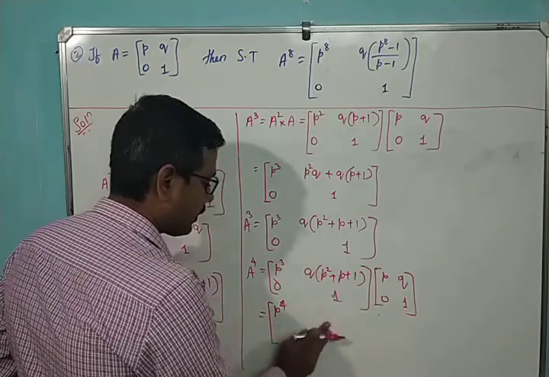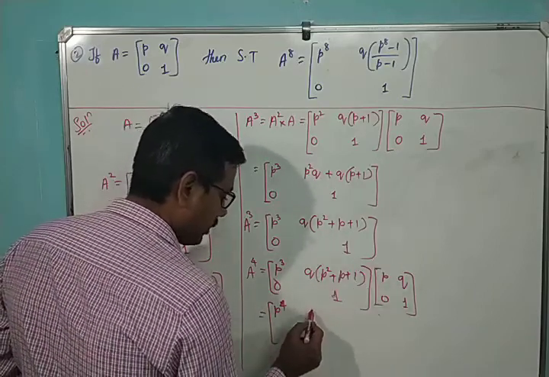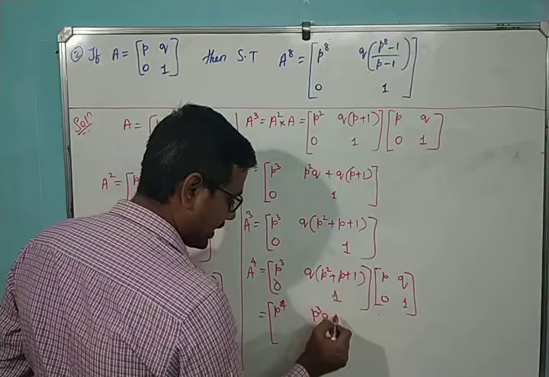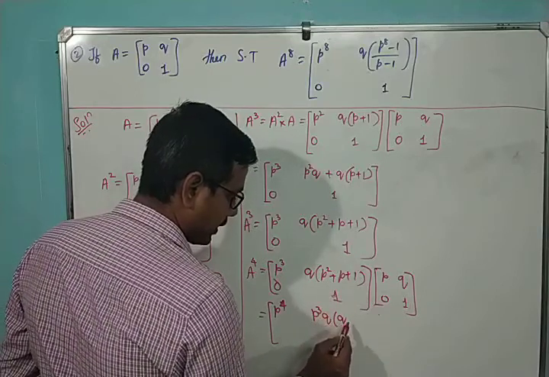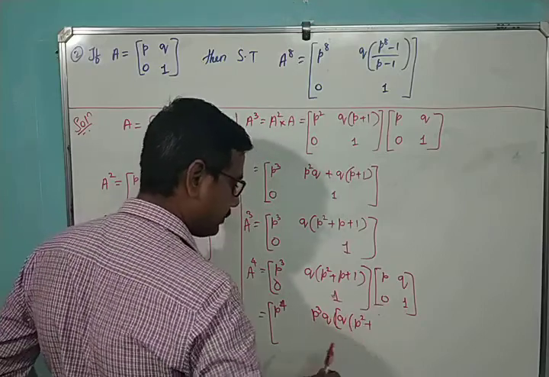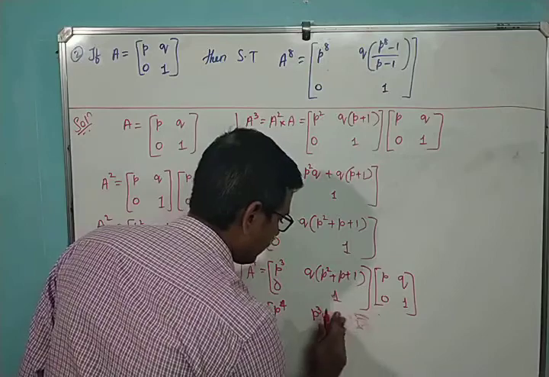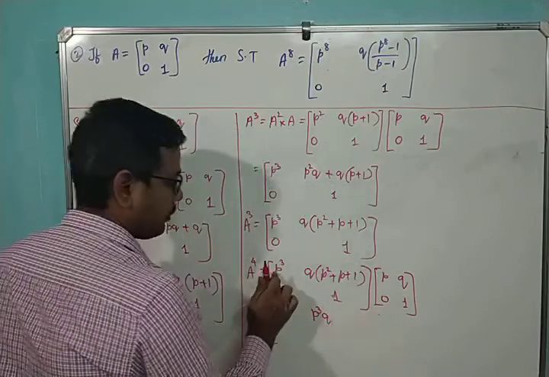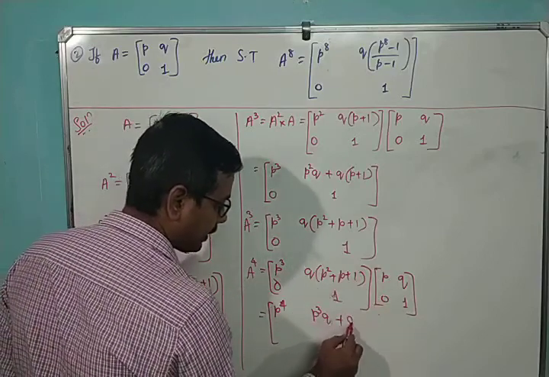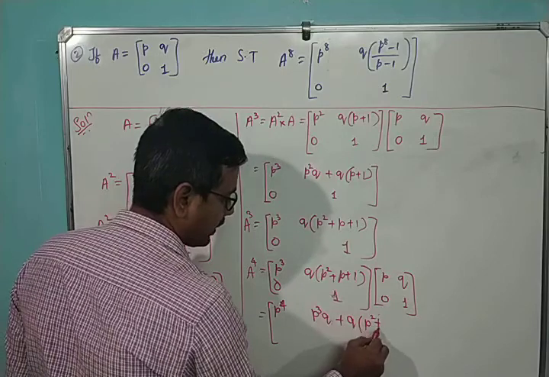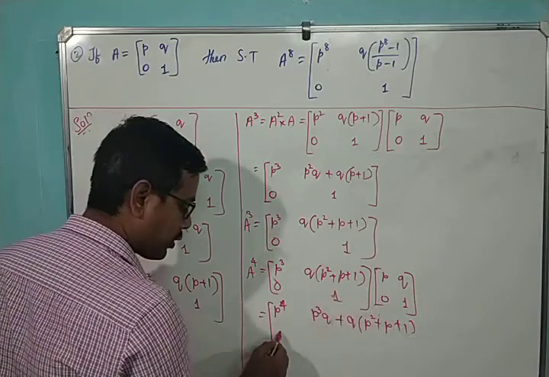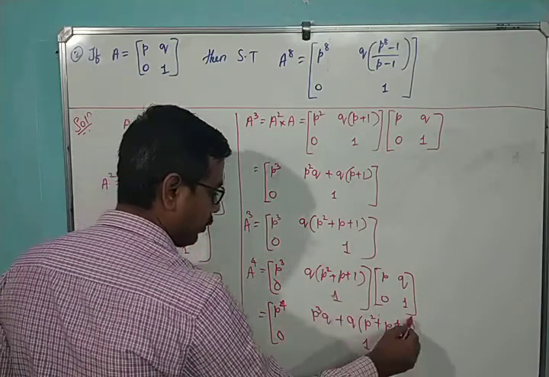Sorry, P cube into Q, P cube Q, and this into 1 is same thing, Q into P square plus, wait a minute, P cube into P cube into Q is P cube Q, plus this into 1 is same thing, Q into P square plus P plus 1. 0 into 0, P, 0, plus 1 into 0, 0, this will be 1, right?